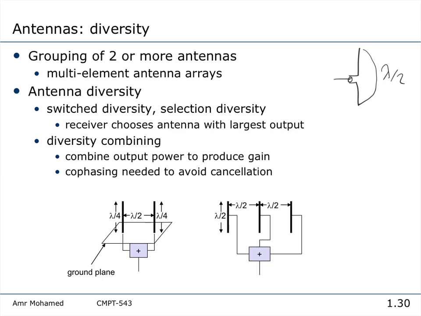So if the signal that you are trying to feed has a specific lambda, then the length of that antenna is lambda over 2 to have efficient communication. If it's less, you may still have communication, but it's not efficient.